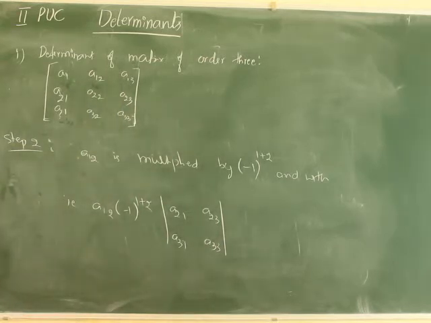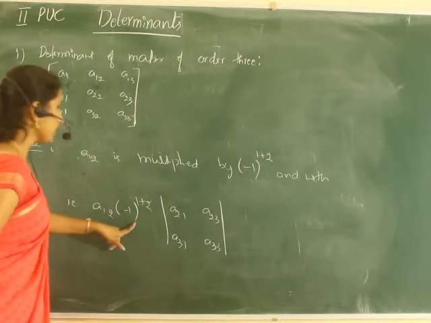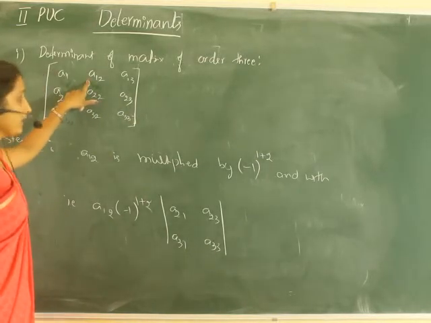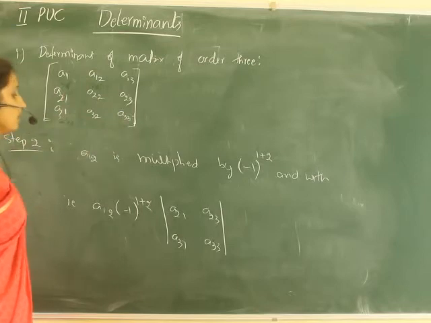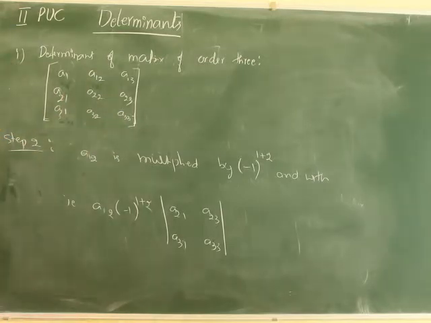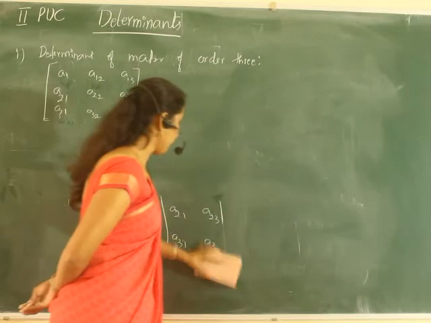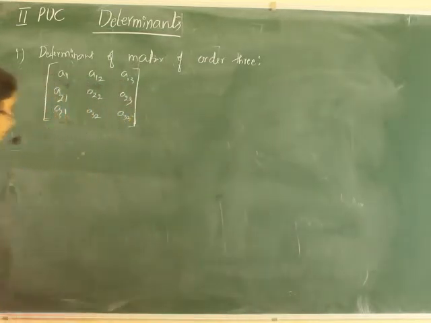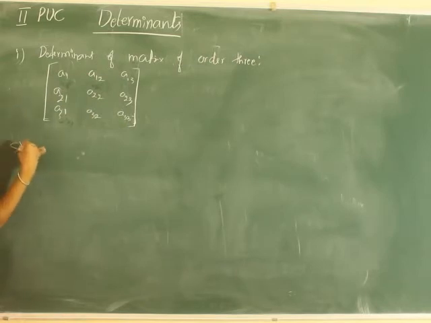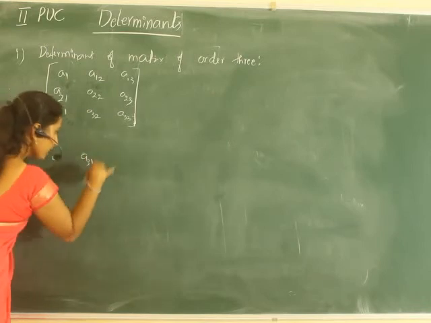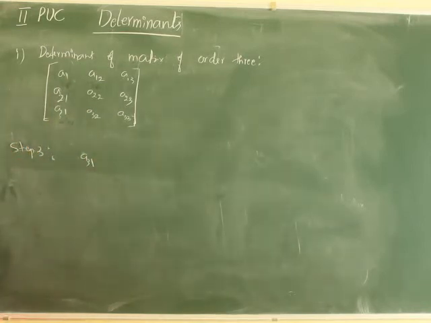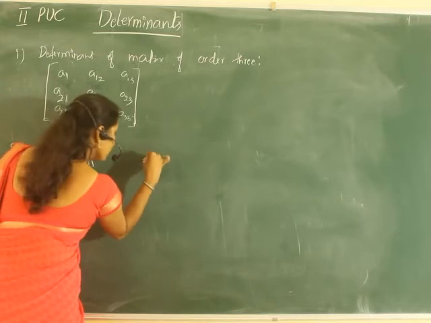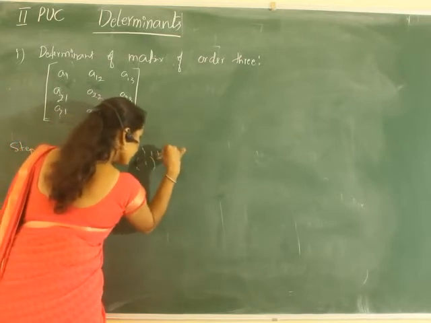In step 2 we get a determinant by deleting the first row and second column, and A12 is multiplied with this second order determinant. So this is step 2. In step 3, I am expanding along R1. How can we write step 3?